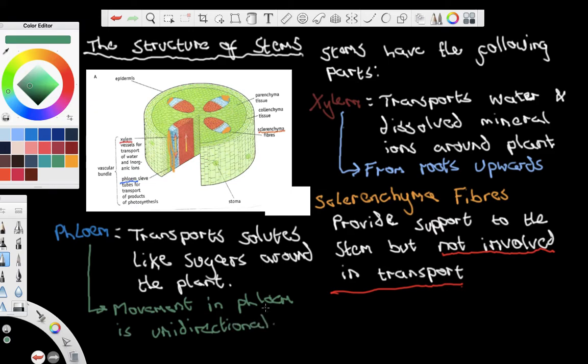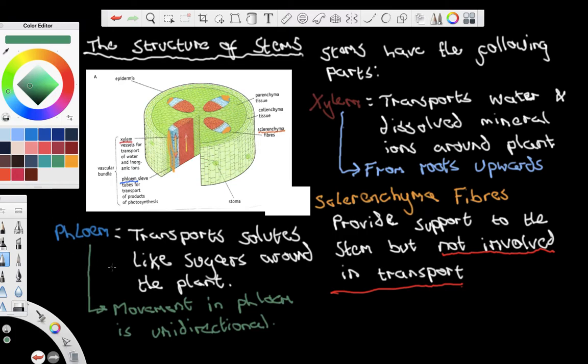Okay, so the three parts of the stems include the xylem, which is shown in red on here, and that transports water and dissolved mineral ions around the plant from the root upwards. We've got the sclerenchyma fibres, which provide support to the stem but are not involved in transport. I've coloured those in orange on our diagram because it is blue originally.